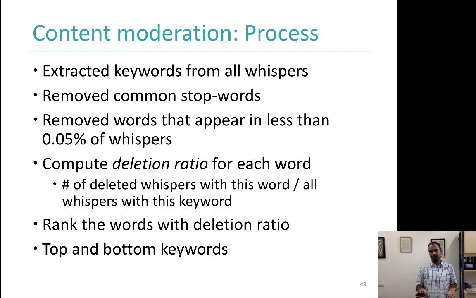Essentially, what is the chance that if a word appears in a post, that Whisper gets deleted? They ranked all the words by deletion ratio, and they looked at the top 10 keywords and the bottom keywords.